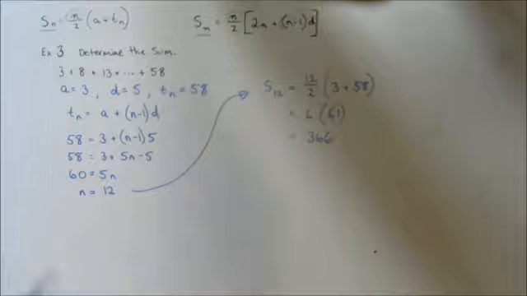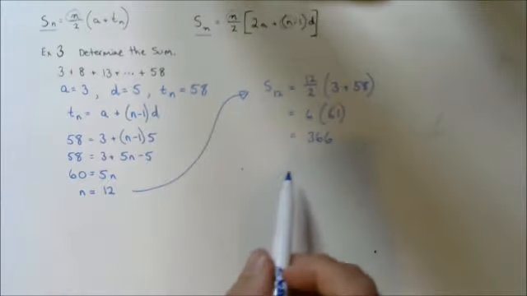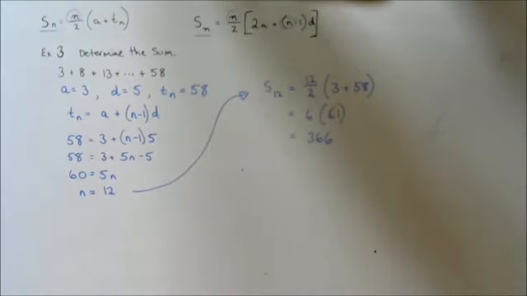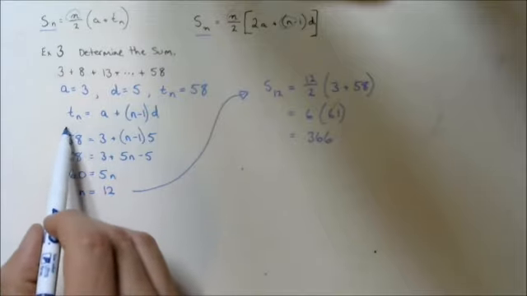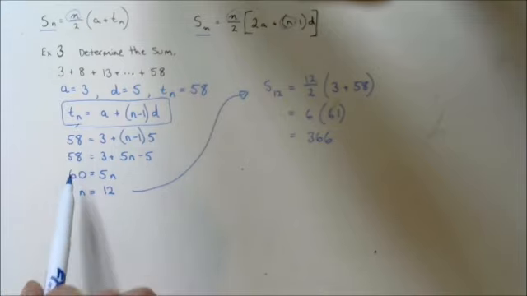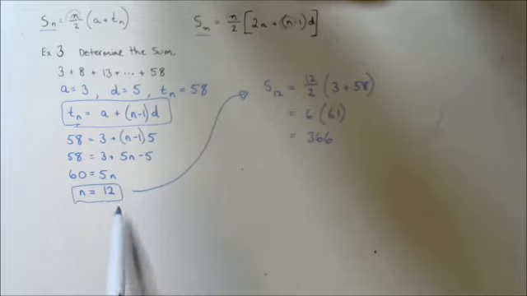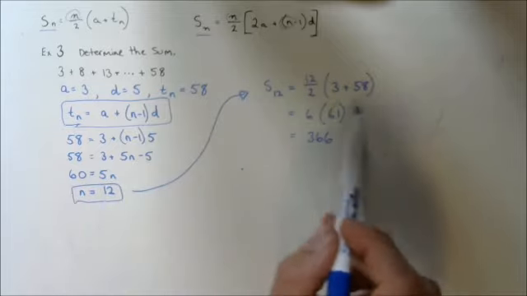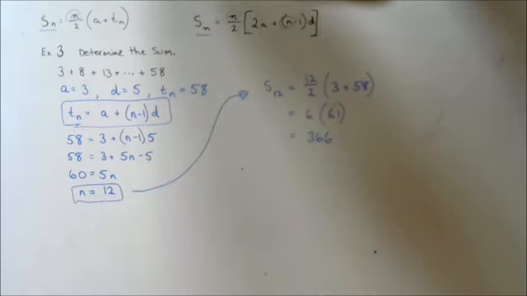Now you could use formula 2, but pick the one that's easiest to use if you have the information that you need. So the sum of this arithmetic series is 366. The first thing we had to do was use an older formula for the general term in a sequence in order to determine what n was, and then sub that into our new formula for the sum of the first n terms in an arithmetic series.